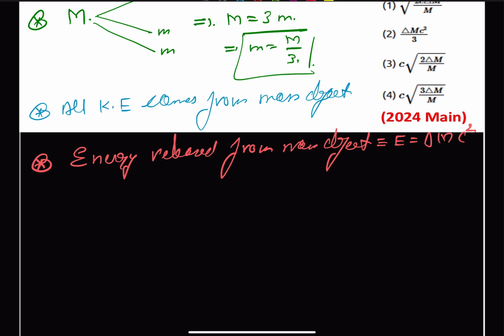And like we said, the total energy released is assumed to be entirely kinetic and equally shared among all three daughter nuclei.